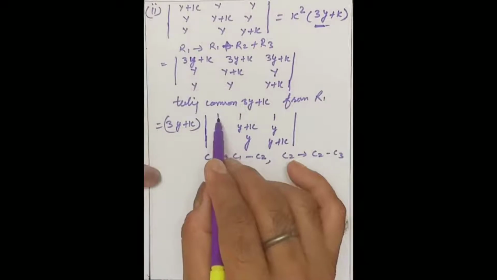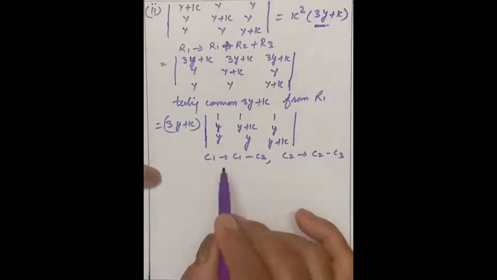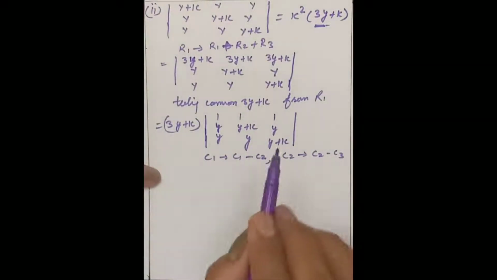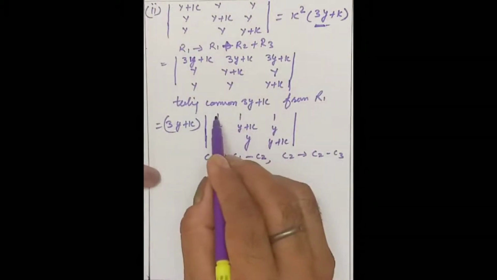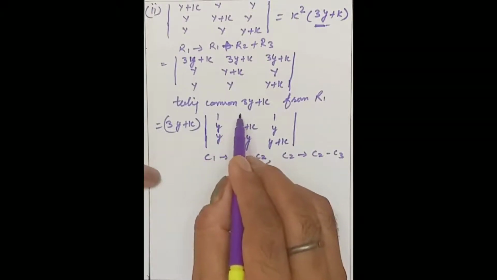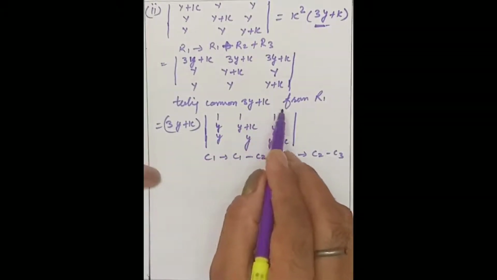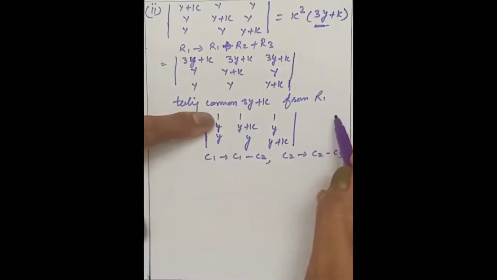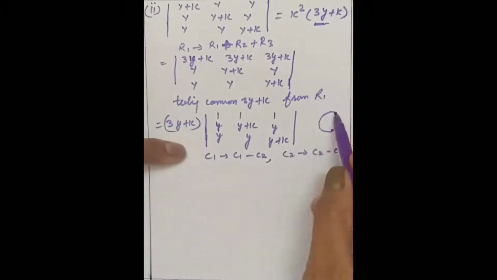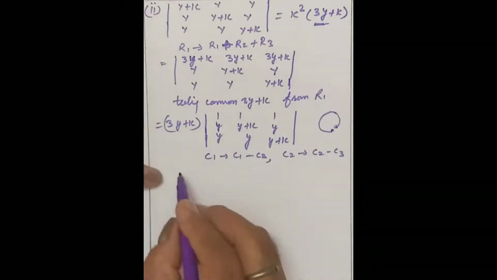But you remember that my circular formula, that circle, you cannot complete that full circle. That means C1 minus C2, C2 minus C3, that is okay, but C3 minus C1 if you are doing, so that loop will be joined together here. So if you are joining this loop, then the value of this becomes 0 like this. So you cannot do that.